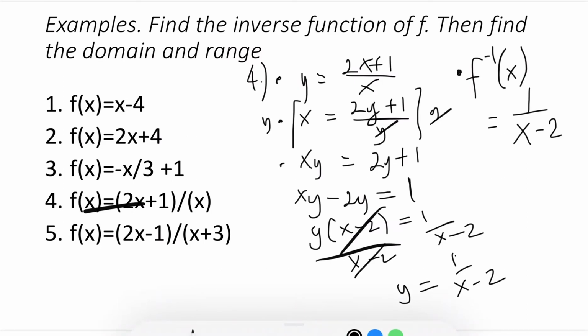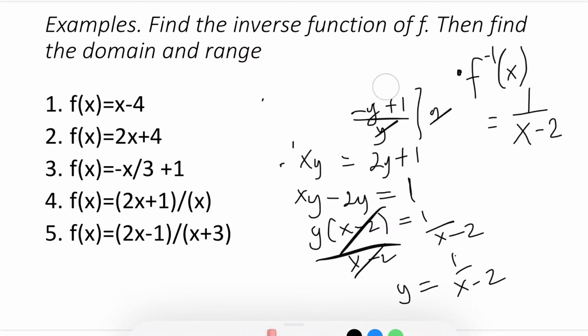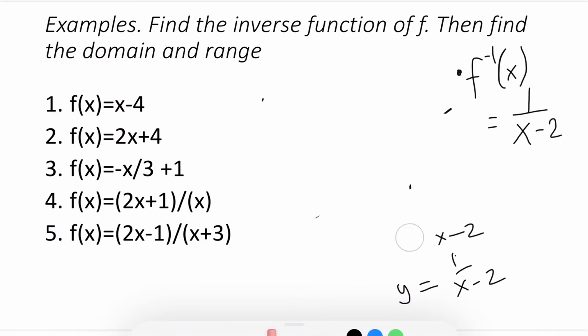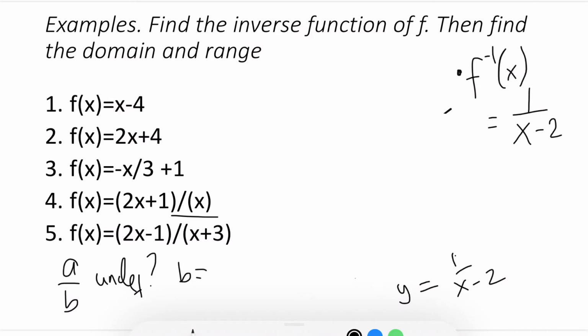Number 4. The question here, this is not a polynomial because there is a variable at the denominator. It is in the form of polynomial over polynomial. Now the question here is, when is this undefined? When the denominator is 0. So we will exclude this condition.